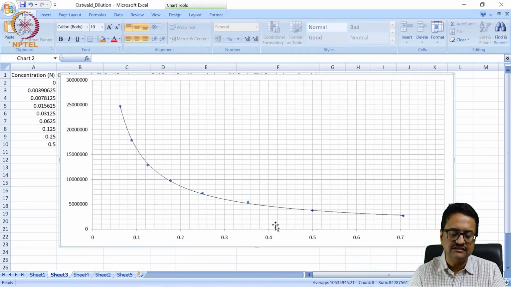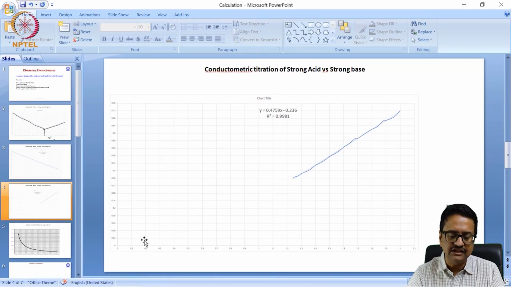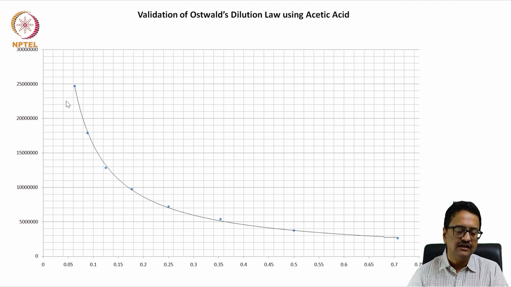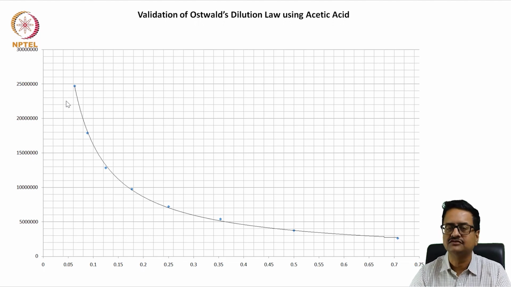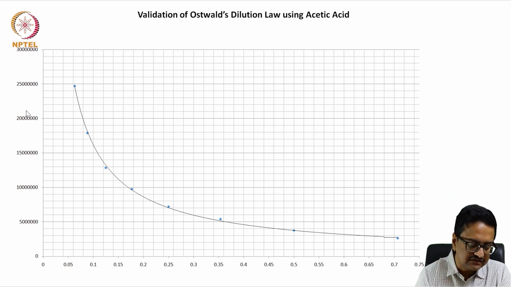So what we see here is a plot which keeps on increasing towards the lower value of concentration, and in this concentration range the conductance of the solution decreases very, very rapidly. As a result, the resistance increases and the instrument does not record those values very accurately. So we cannot determine the value of equivalent conductance at infinite dilution for this solution.